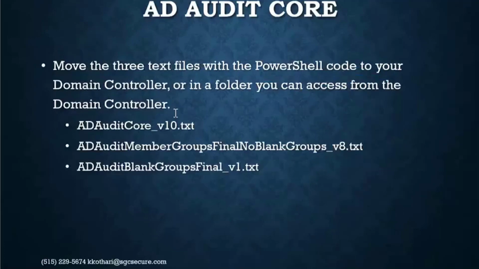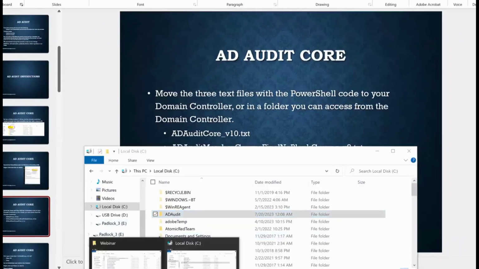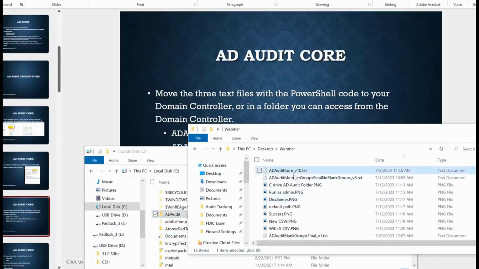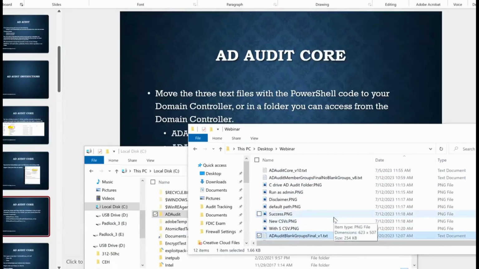Then you want to get the 3 text files. Once you download these off of our site, there are 3 text files: AD Audit Core _v10.txt, AD Audit Member Groups Final No Blanks Groups _v8.txt, and AD Audit Blank Groups Final v1.txt.